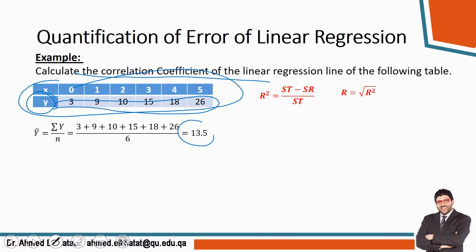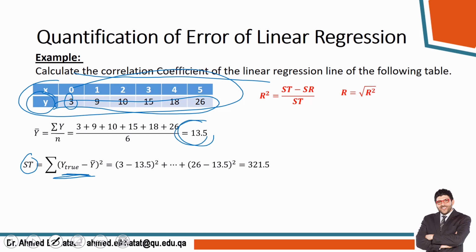Now to find ST, as we said, it is the summation of the variance of true minus mean. So it will be 3 minus 13.5 squared, then 9 minus 13.5 squared, plus 10 minus 13.5 squared, until the last point, 26 minus 13.5 squared. The summation will be 321.5.